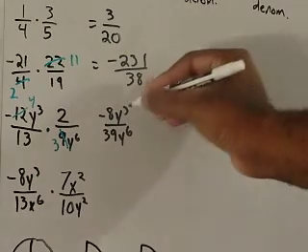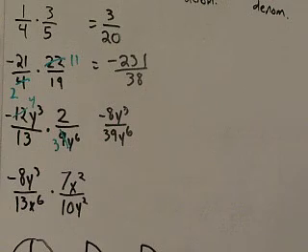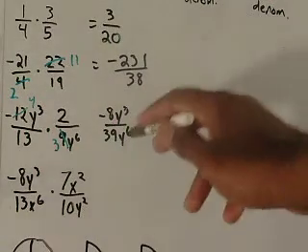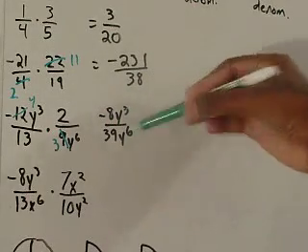Now how do you reduce these variables with exponents? Well, I think we did it before, but I'll say it again. You subtract the larger minus the smaller, and wherever the larger exponent was, that's where it's going to end up. So here we got y cubed over y to the 6.